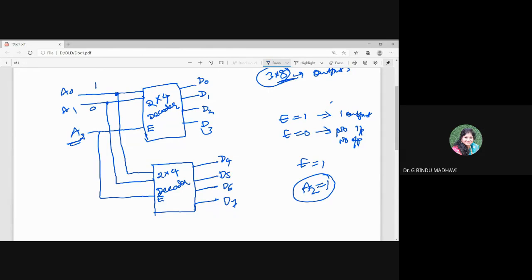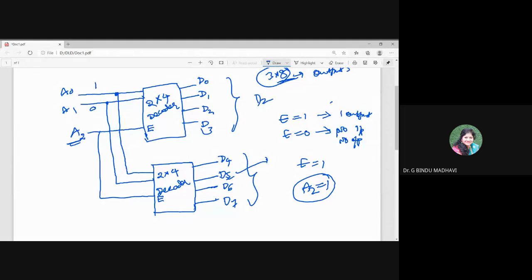But here enable is the input which is applied to both decoders. So here one output will be active, and here also one output will be active, right? Are you following? That means at a time here 1 0, 1 0 means D2. Here also if you say 1 0, the second one will become active, right?